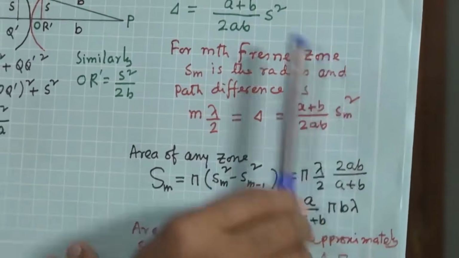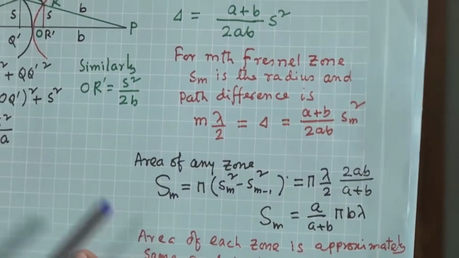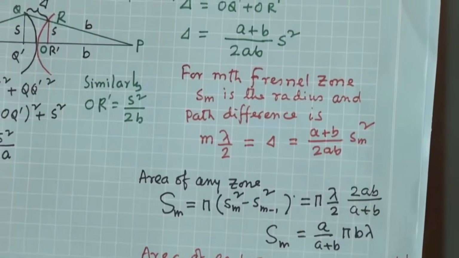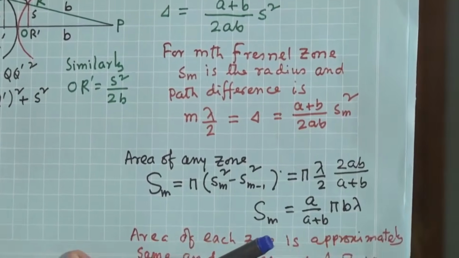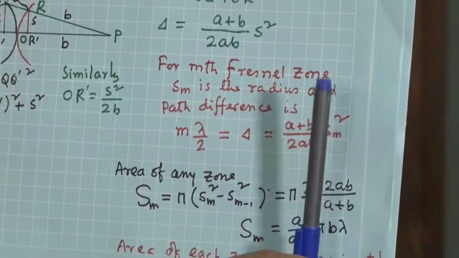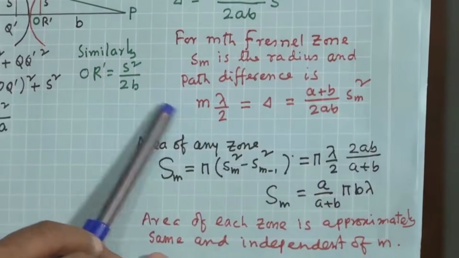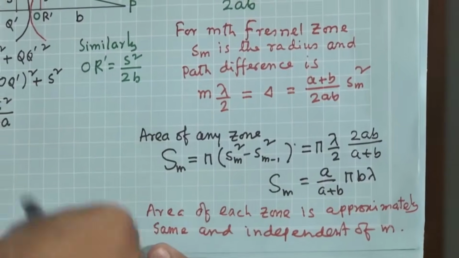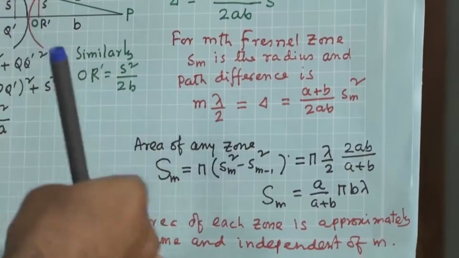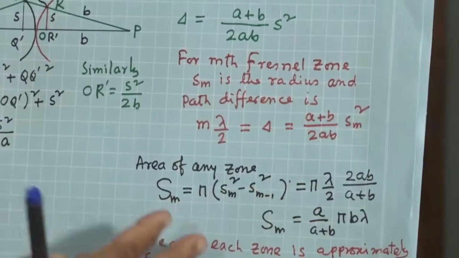On the screen you will see the image, and that image we are getting because of diffraction. So we will see concentric circles: first order, second order, third order, fourth order. Alternate orders will be dark and the next alternate orders will be bright.